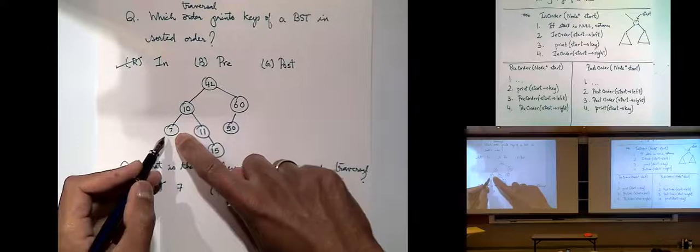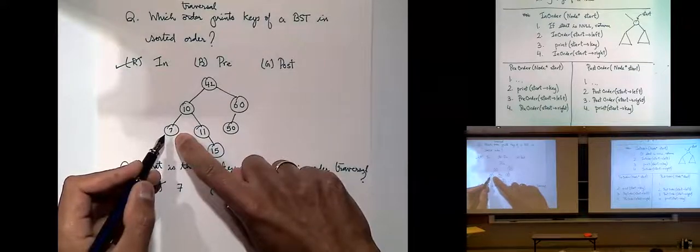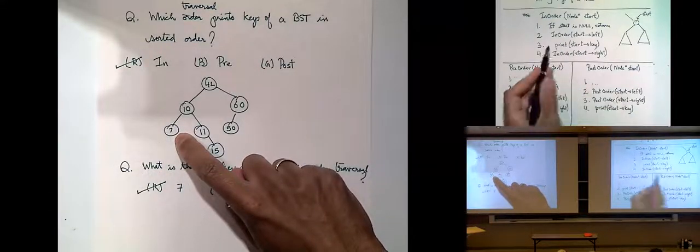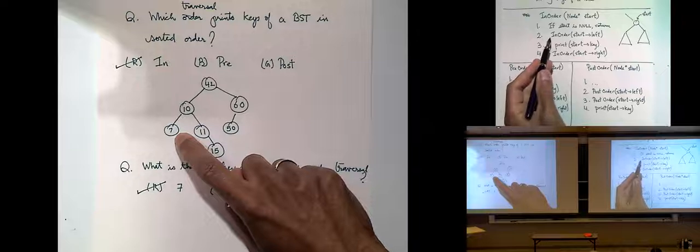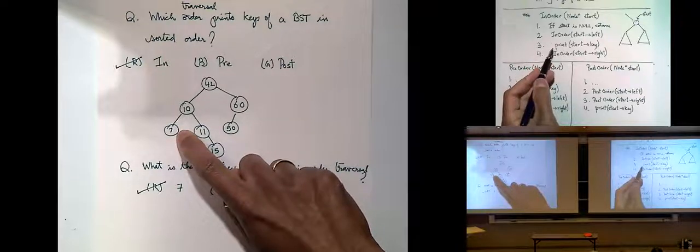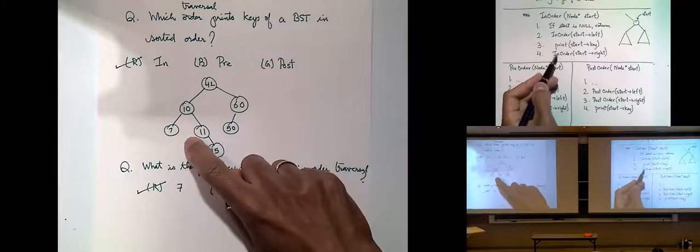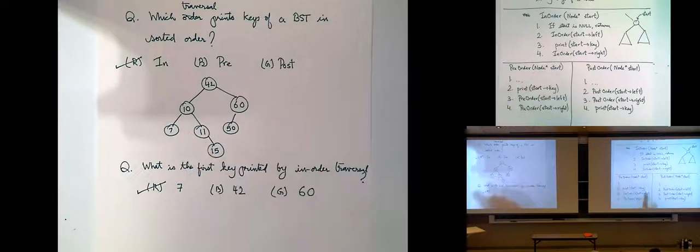In-order traversal starting from 7. Again, it's going to make a call to the left, which is null, so that returns. Then it prints, so it's going to print 7. Then it's going to go to the right, which is null. So that is basically printed 7. So as you do this in-order traversal, starting from the left, it's going to print 7.